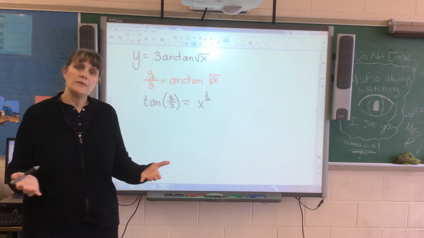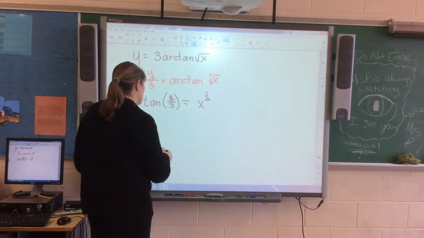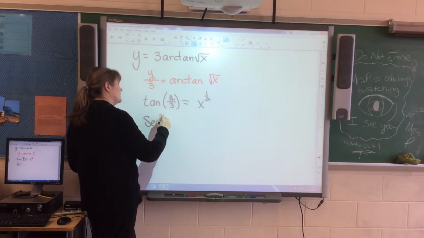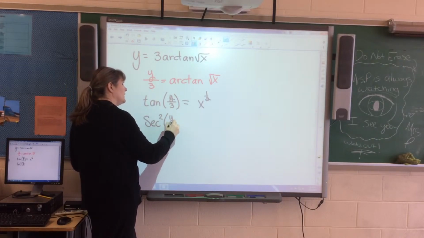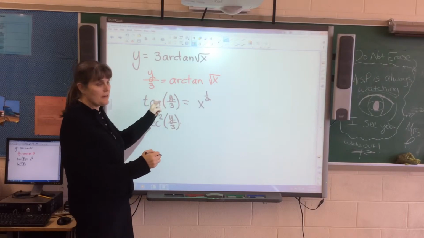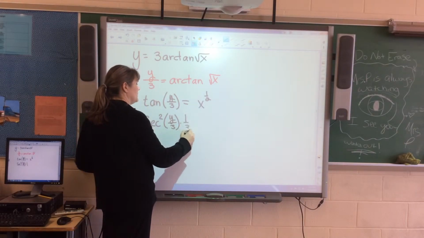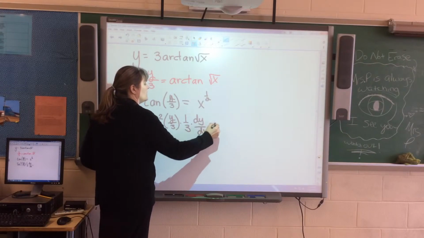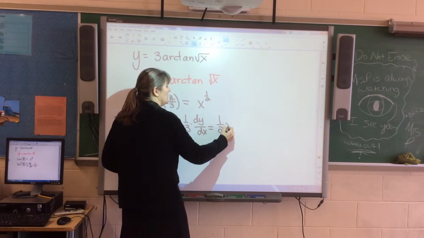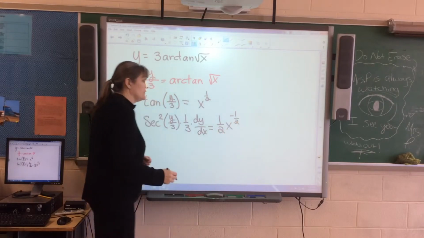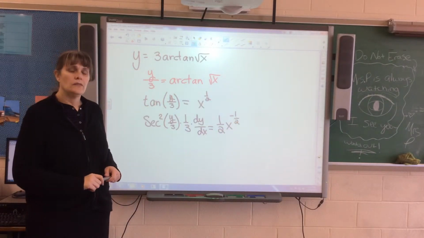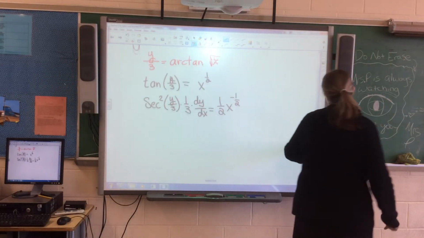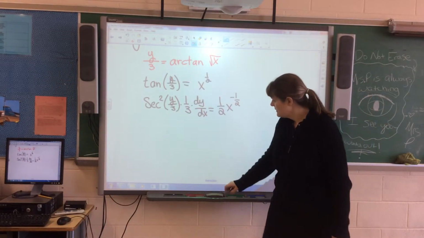Now we'll differentiate implicitly. The derivative of tan is secant squared of the same angle times the derivative of the angle, that's our chain rule, dy dx, equals 1/2 x to the negative 1/2. So now we're going to isolate dy dx. It's a little messier, but we can still do it.